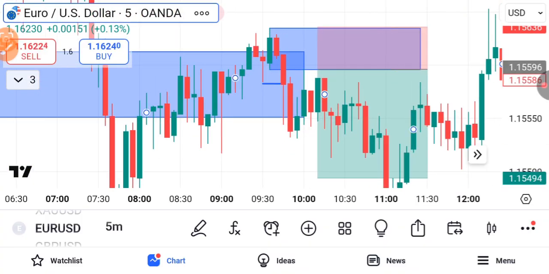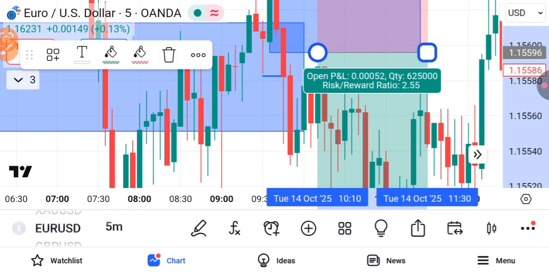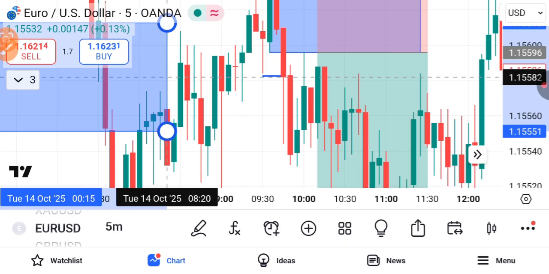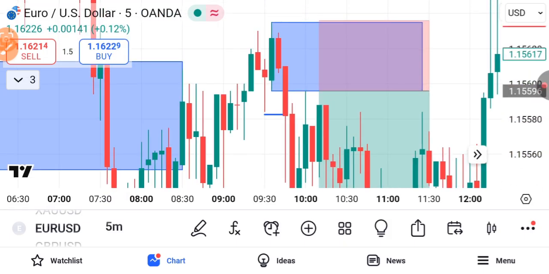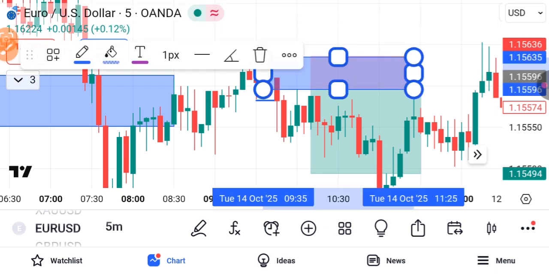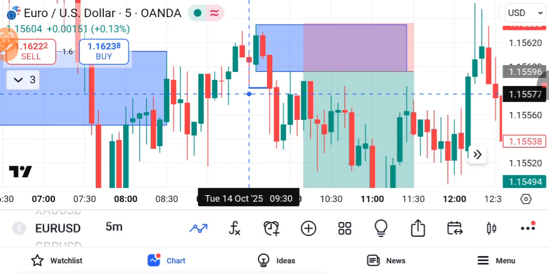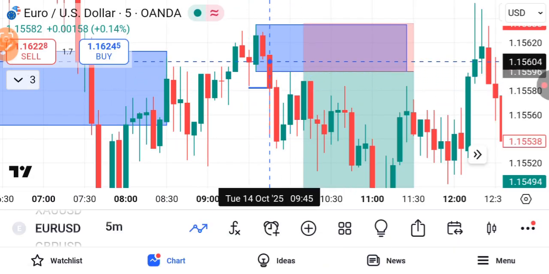All right, let me make things more clear for you guys. So this is our order block, right? But just look carefully at this. The market just tapped a fair value gap.